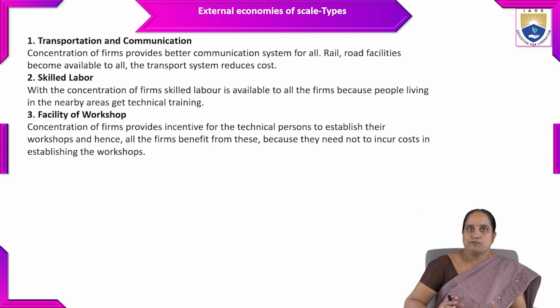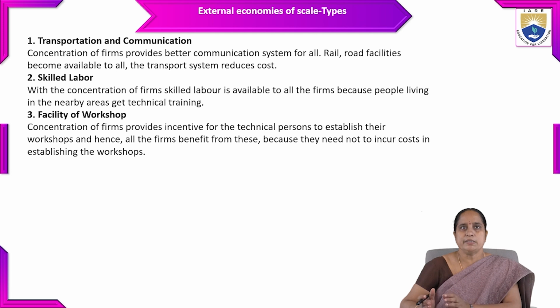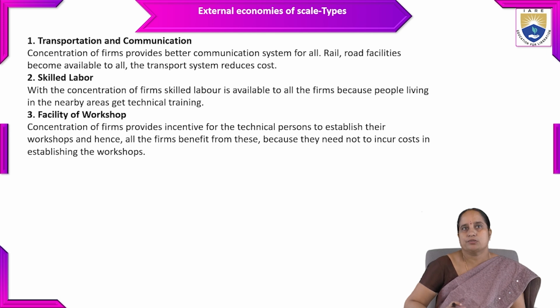With the concentration of firms, skilled labor is available to all the firms because people living in the nearby areas get technical training. Third one, facility of workshop. So concentration of firms provides incentive for the technical persons to establish their workshops, and hence all the firms benefit from these because they need not incur cost in establishing the workshops.